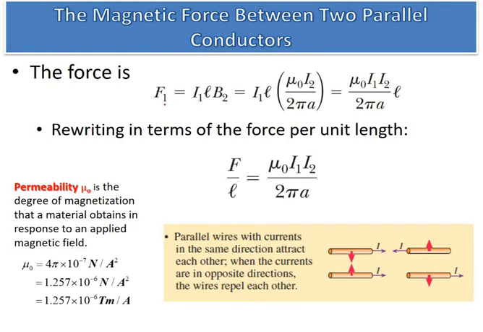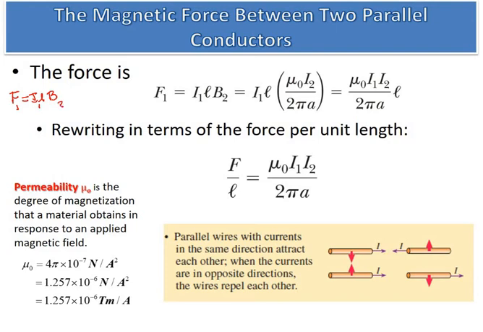Now it's very complicated. Why is that? Because look, here it's telling you the force. If you remember the equation we wrote a moment ago, force is equal to ILB. But for the force on the first wire, we have I1, and we know the L is the same. This magnetic field is going to be due to the second wire.